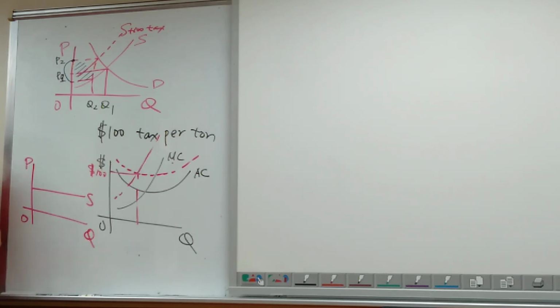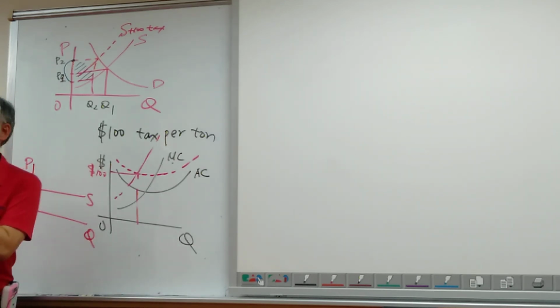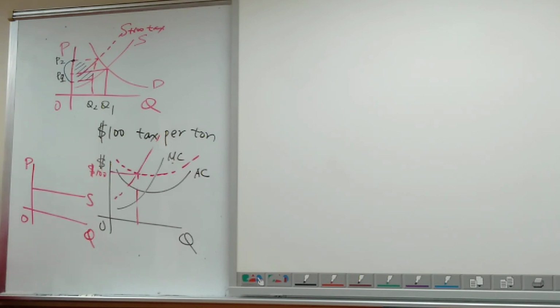at this point it really depends. We mentioned before, last semester, that when there's a tax, sometimes the tax will be shared by producer and consumer. According to what rule? We talked about this before. If there's a tax on something, the producer and consumer may have to share the tax, but it really depends on elasticity.